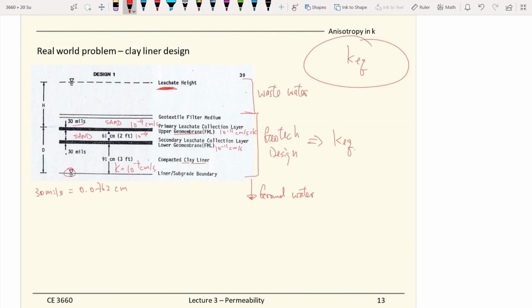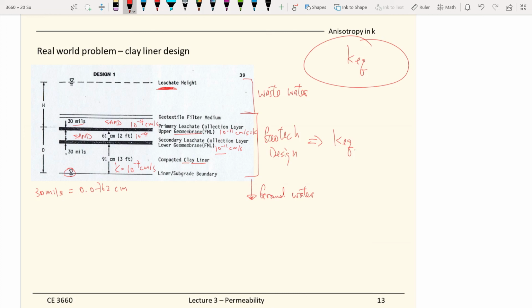And you realize the geomembranes are nice because they are plastic, with a very low hydraulic conductivity, but you also realize they're very thin. So if you punch a hole in that plastic wrap, pretty much you lose the whole difference. You lose the function of the system.